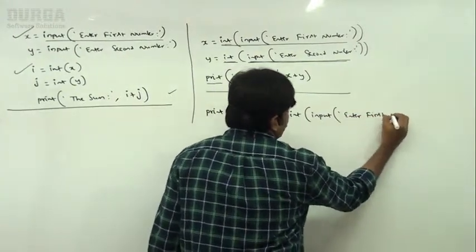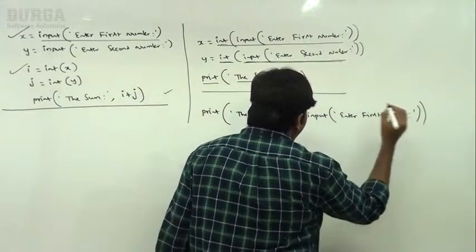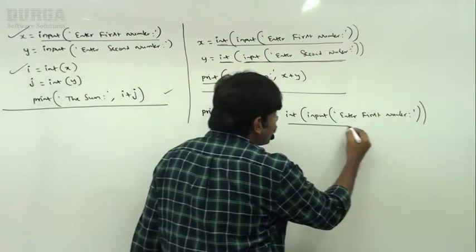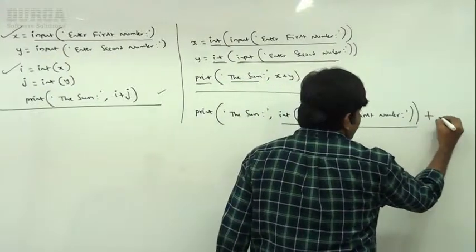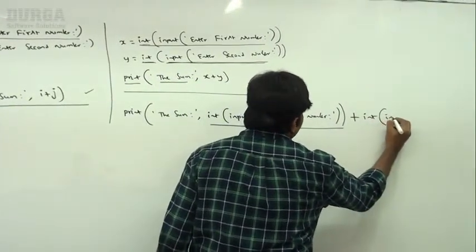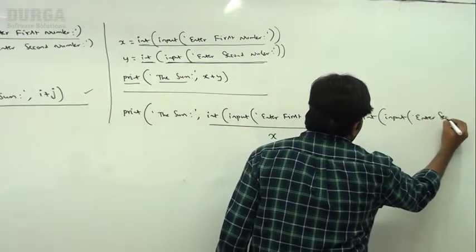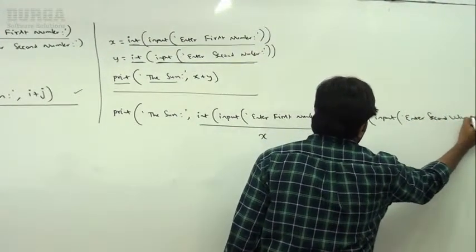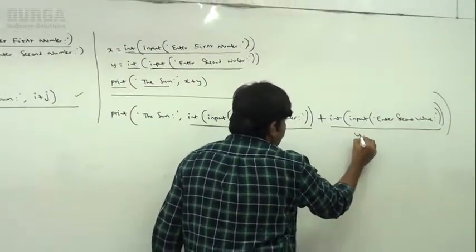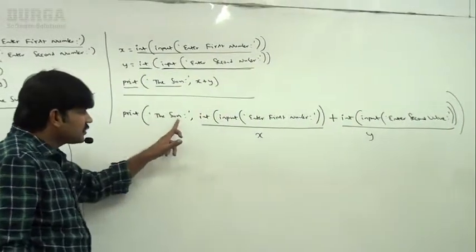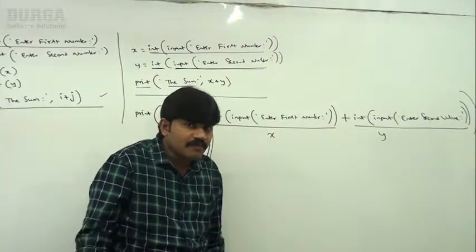This total is the x value. x value plus int of input of "Enter second value". This total is the y value. Regarding the sum x plus y, automatically you are going to get the sum by default.